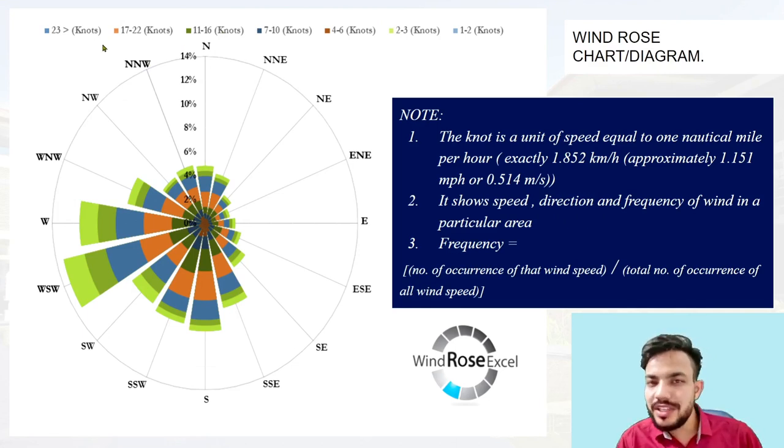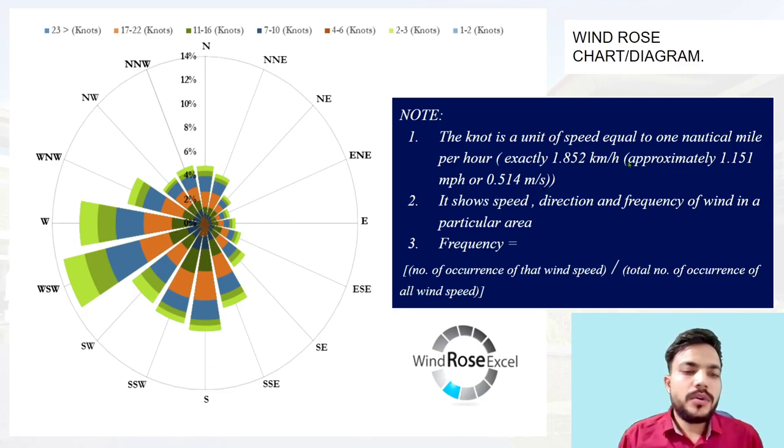The meaning of knot is very simple: it is the speed of wind in one nautical mile per hour. That is written on the screen here, and it gives a value of 1.852 kilometer per hour. So you can compare it in the relevant parameters of meter per second and kilometer per hour. That is the second element.